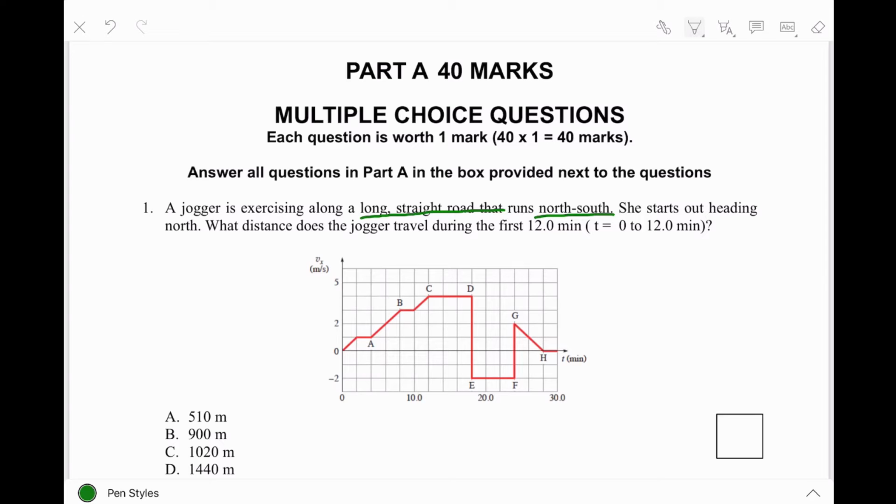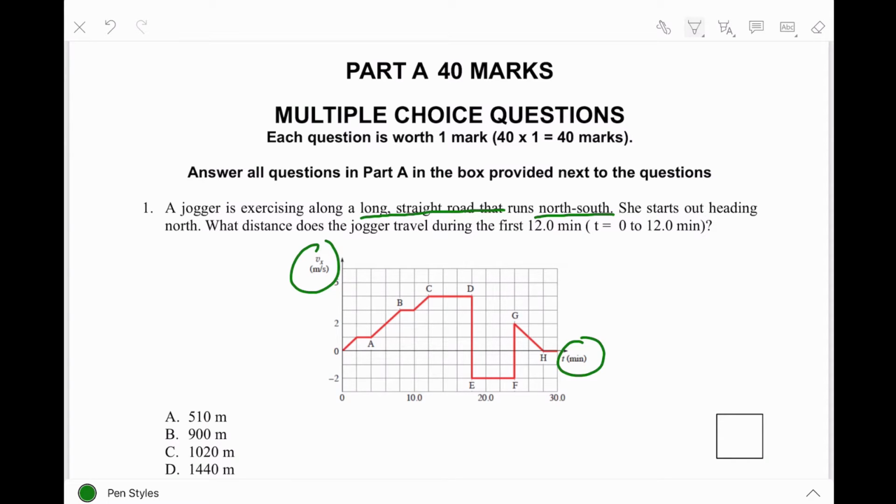Now he heads to the north, and this is your distance, sorry, this is your time, and this is your velocity. So you ask this question: the distance, how much the jogger covers during the first 12 minutes.